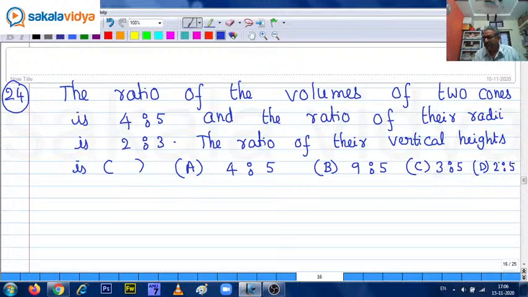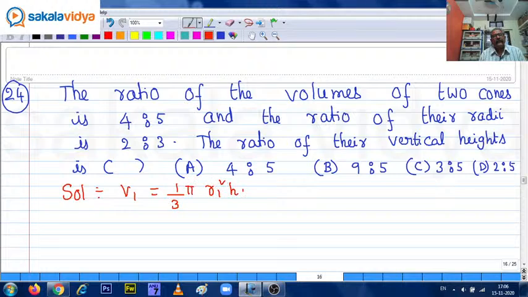First read the question carefully and try to solve it. The problem is related to the cone, so the volume of the cone is 1/3 pi r square h. Here we have two different cones. Radii are different and heights also different. So first write down the solution. V1 is the volume of the first cone, that is 1/3 pi r1 square h1, pi is constant.